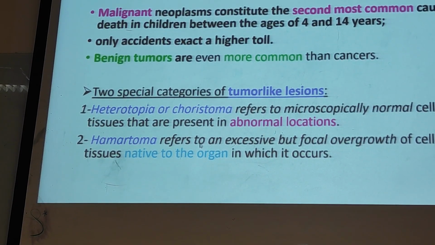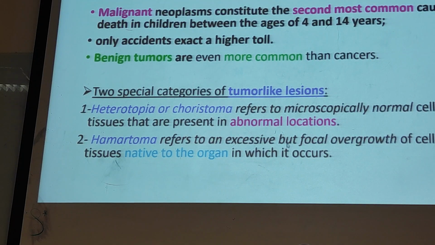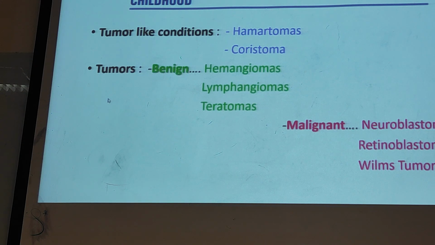But hamartoma refers to an excessive multifocal overgrowth of cells and tissues native to the organ in which it occurs. What about tumoral lesions? Tumoral lesions include benign and malignant tumors.